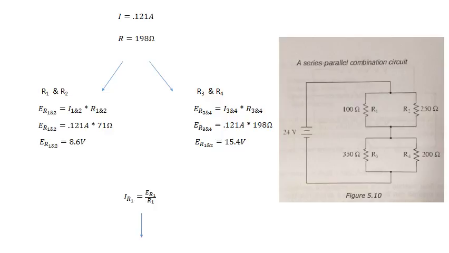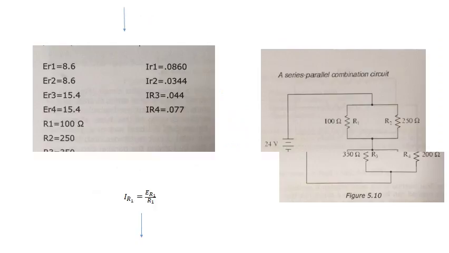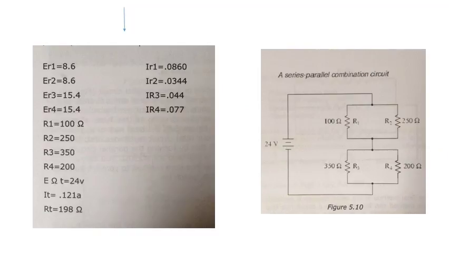By using the Ohm's law formula for current, you can find current drops for each individual resistor. IR1 equals ER1 divided by R1, and so on with R2, R3, and R4. The numbers may be a little different, but it depends on where you round off. In this figure, I rounded off in 3 places past the decimal point.